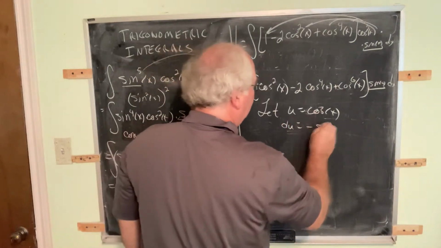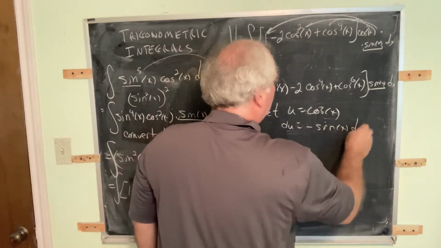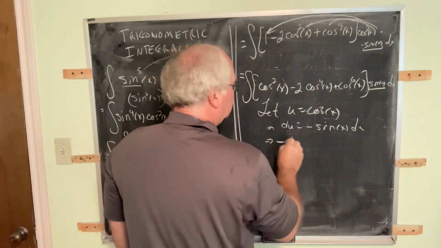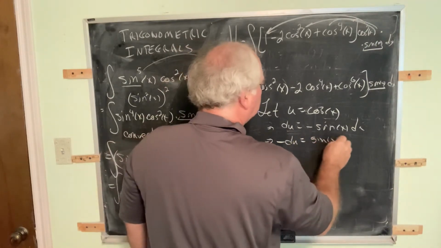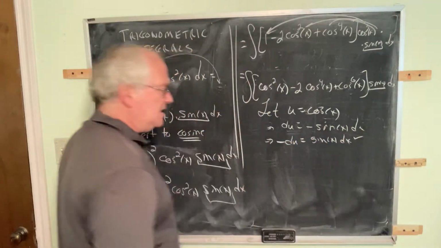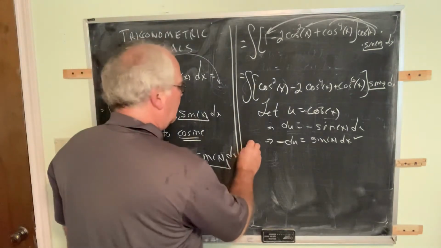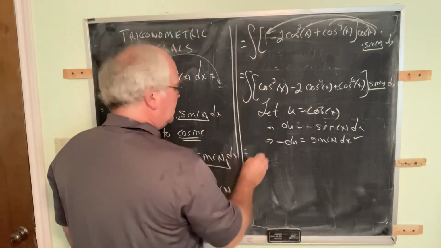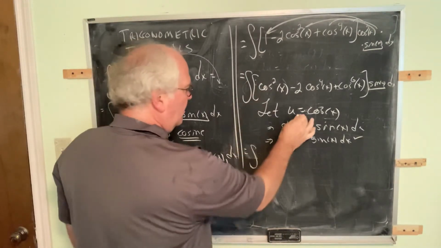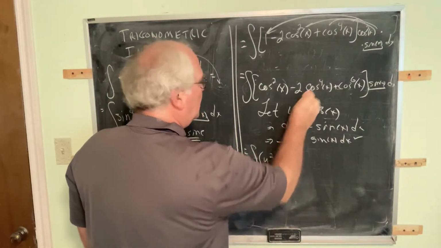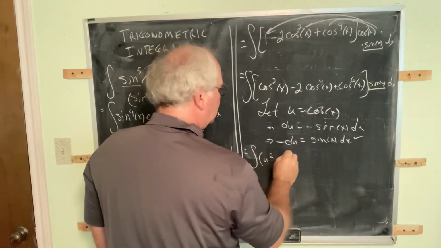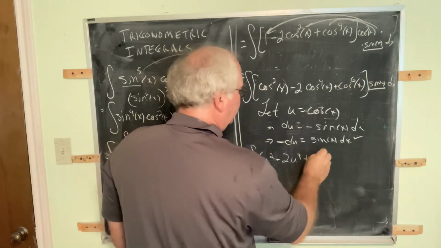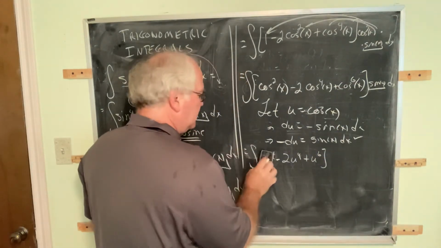Derivative of cosine is negative sine. I don't want negative, so I'll put the negative out here. And the substitution is exact. So what do we have out of that? By the substitution, cosine squared is u squared, minus 2 cosine to the fourth is u to the fourth, plus cosine to the sixth is u to the sixth.